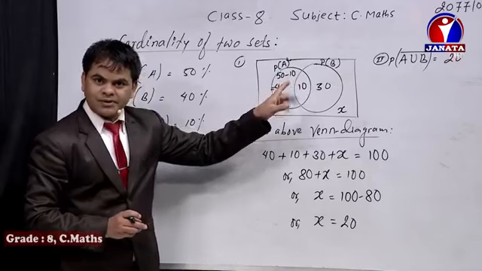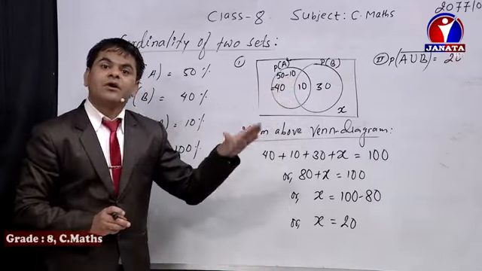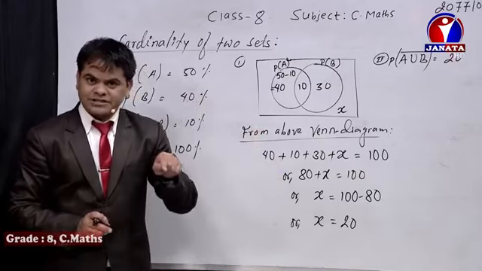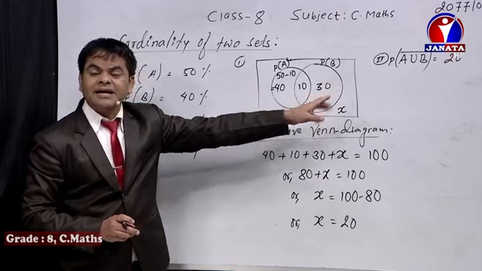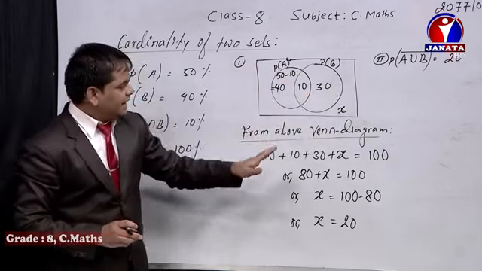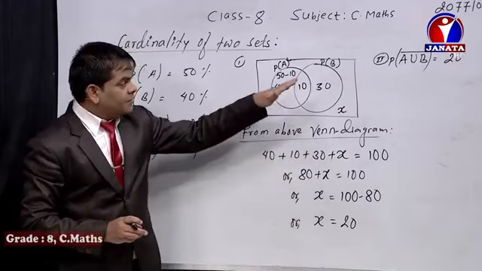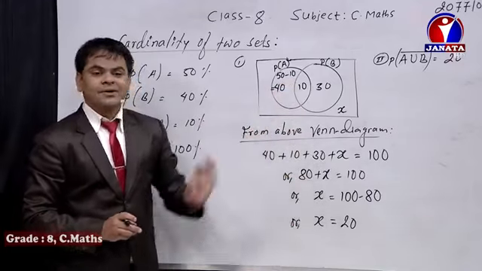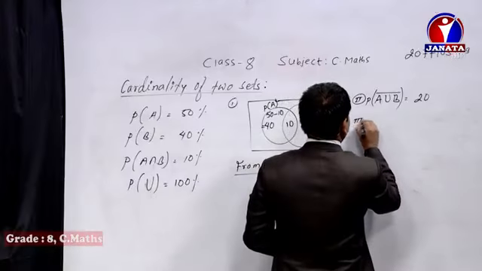In case of number 2, write how many people like neither apple nor banana, with a question mark, and find the answer as P(A union B complement). From the above Venn diagram, we have already got the value of A union B complement as 20, so keep it as 20.